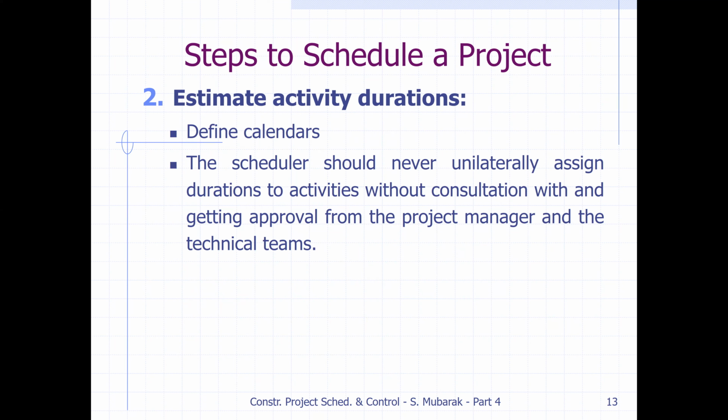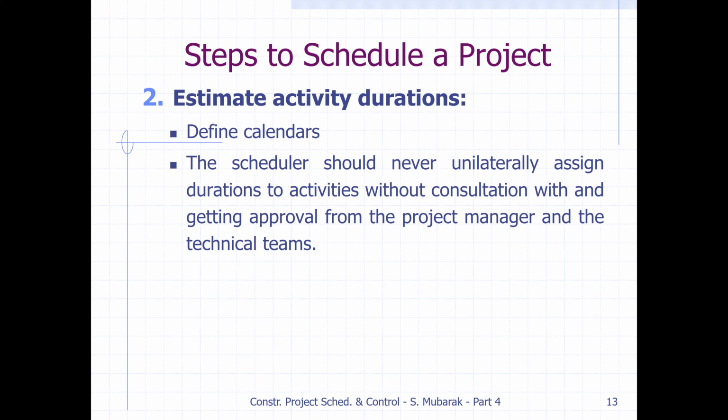The student should never unilaterally assign duration to activities without consultation with and getting approval from the project manager and the technical team. It means the scheduler or the planning engineer should decide the duration with the help of the site team, like the project construction manager or the project manager, so that he does not take sole responsibility.